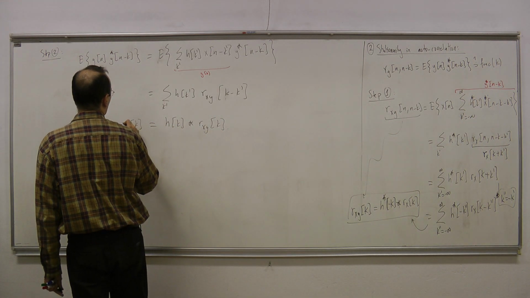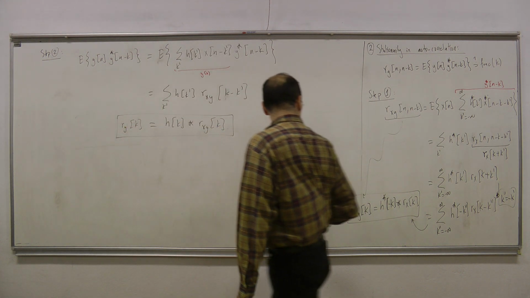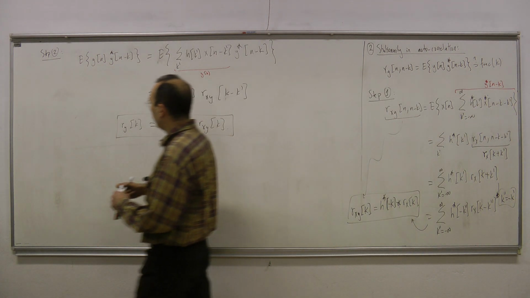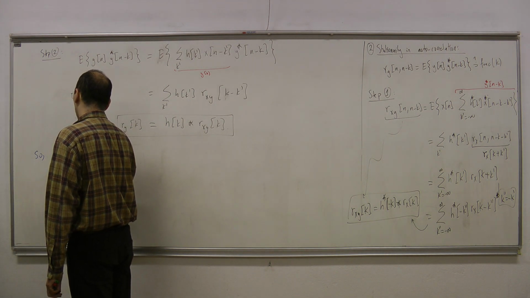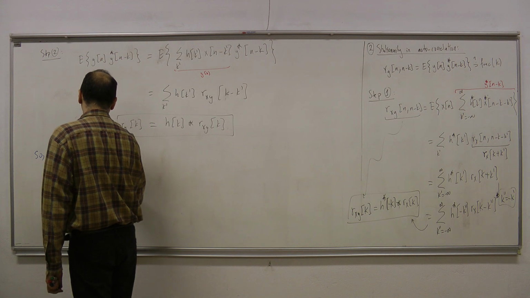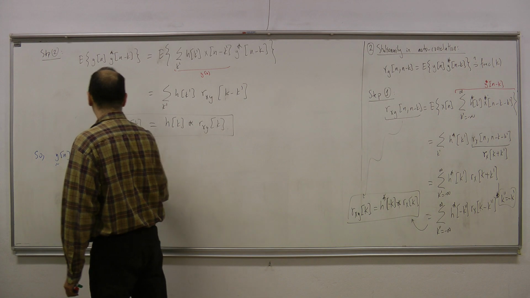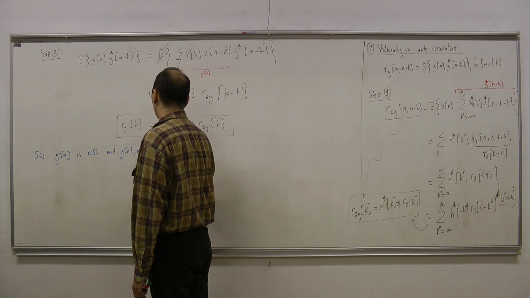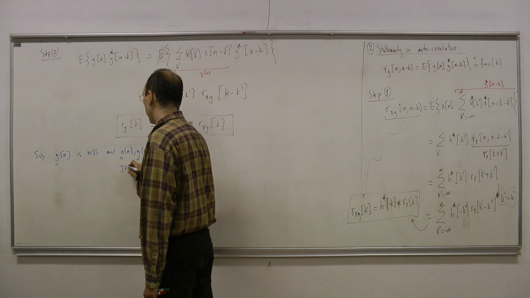Ry of k, the autocorrelation at the output, is expressed like this. Cross correlation is expressed like that. So what is our conclusion? So y of n is wide sense stationary, and x of n comma y of n is also jointly wide sense stationary.